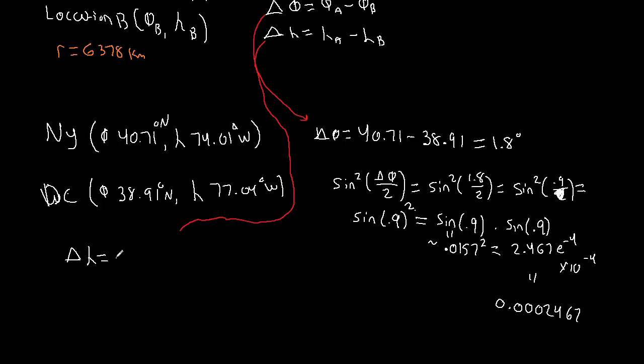So this is going to be negative 74.01 minus negative 77.04. Basic arithmetic: a negative minus a negative becomes a positive. So this becomes 3.03 degrees.